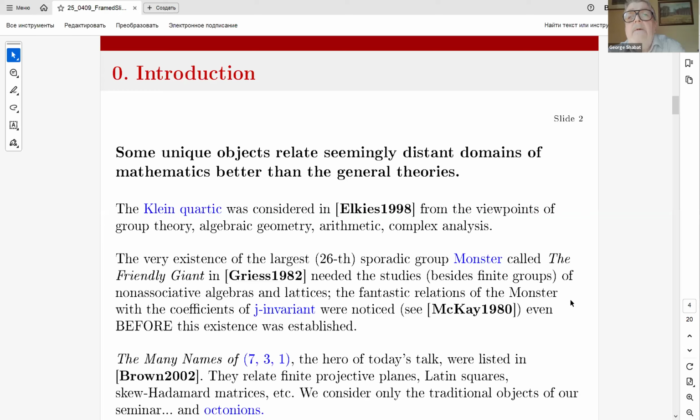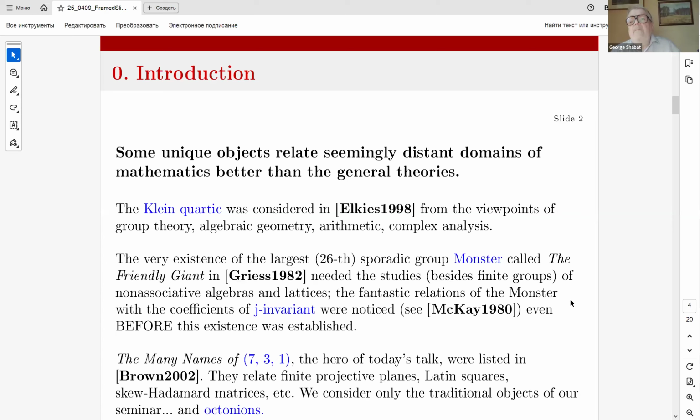And here I give two examples of other objects that illustrate the general principle, the relations between various mathematical theories.